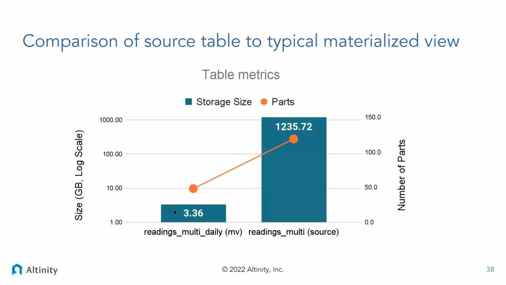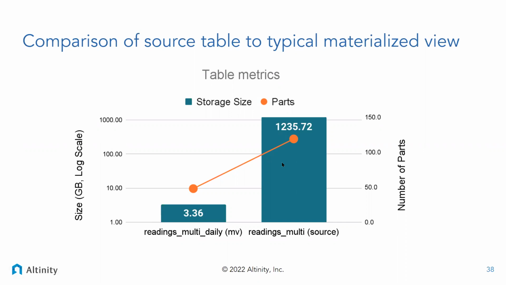And one of the big reasons for that is when you construct these materialized views, they're vastly smaller. So this is an example that shows the storage size. It compared that materialized view that we're using previously. And that materialized view is only 3 gigs compared to over a terabyte of data in the source table.